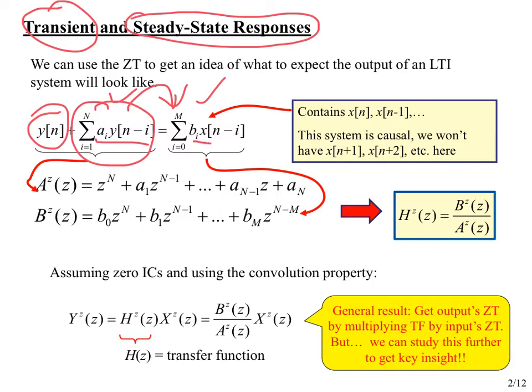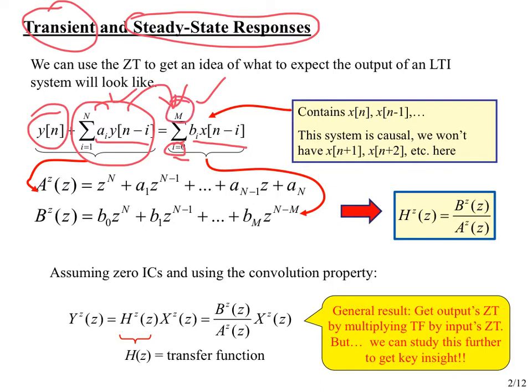And if we look at these terms, for i equal to 0, we have x of n. For i equal to 1, we have x of n minus 1. And then we go all the way up to x of n minus m. So to write out y of n, we need past outputs, and we need the current input sample, that's for i equal to 0, and a bunch of past ones up to m.